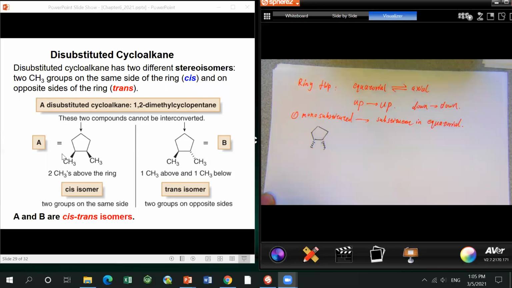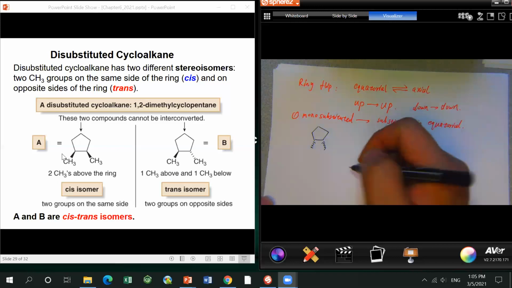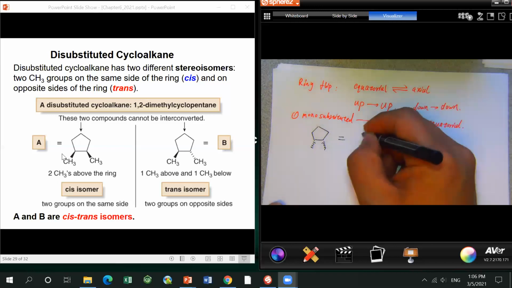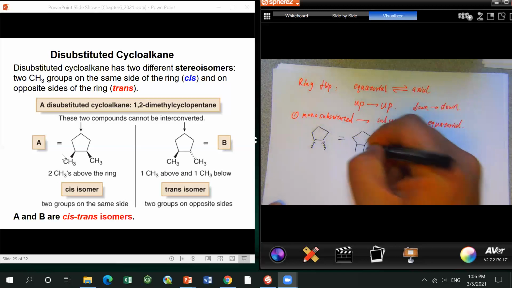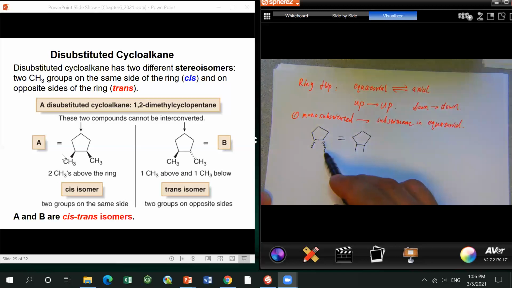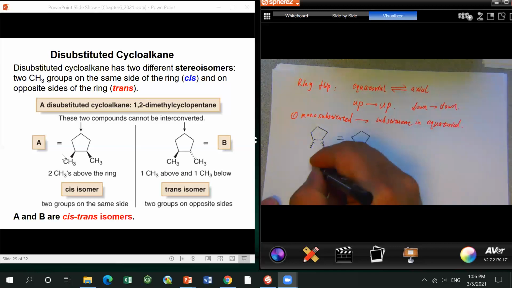There are also other ways to draw the cis and trans isomers for the disubstituted cycloalkane. First, draw something like this. The two bonds going down indicate these two groups going away from you. Maybe draw your trans, and you can do some comparison.